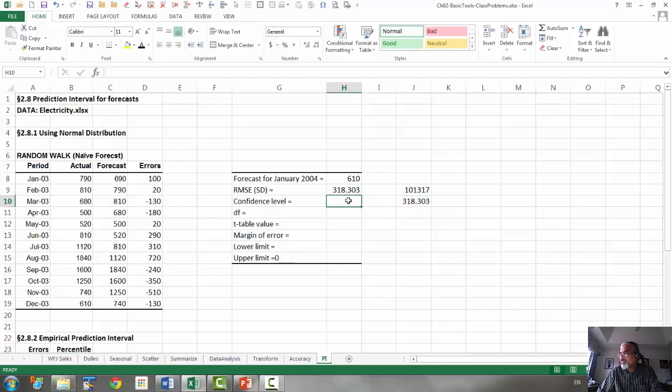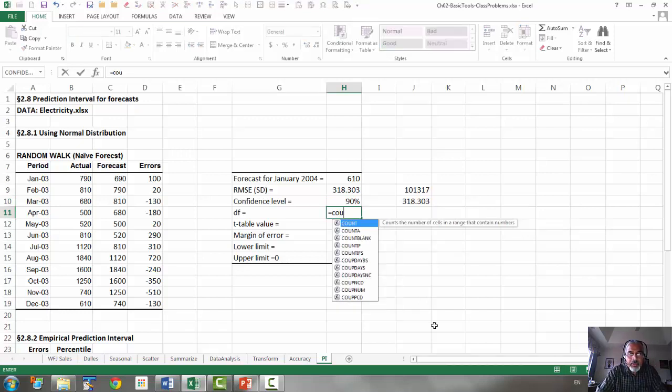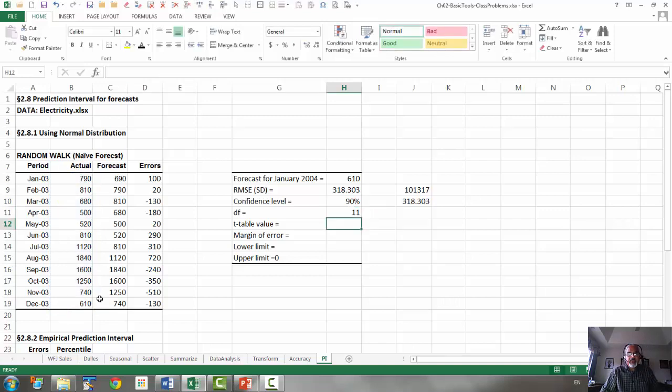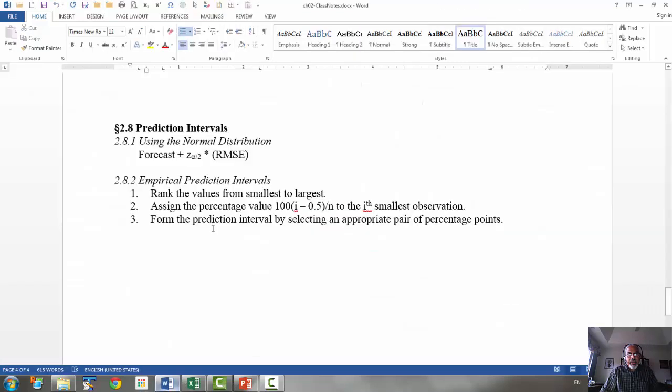Now confidence level, so let's say we want a 90% confidence level. Now degrees of freedom is n minus 1, so count of that minus 1. I know that if you go back here, we use z sub alpha over 2. That's normal distribution.